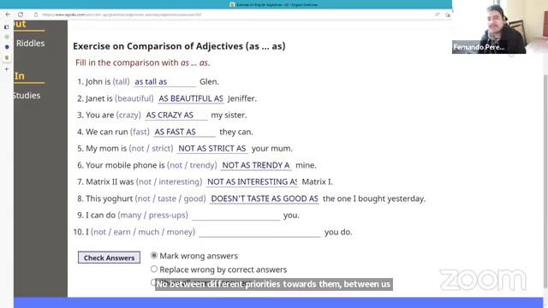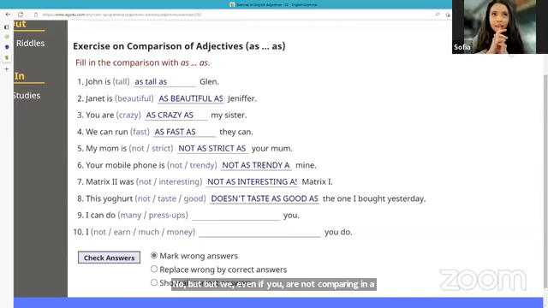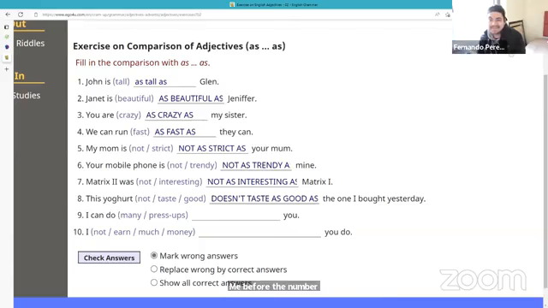If you are not comparing, in a standard description, the adjective goes before the noun it's describing. You see, that rule should be respected all the time.